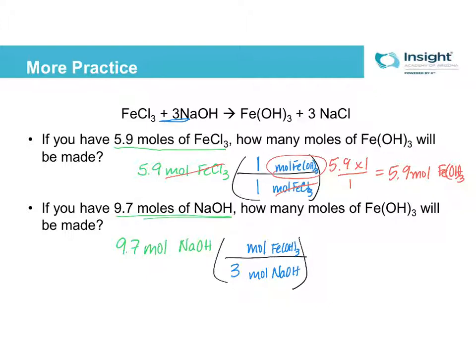In front of FeOH3, there's nothing, so I'm going to put a 1. That cancels those two. So I'm going to have 9.7 times 1 divided by 3, which is 3.23 moles of FeOH3. So again, if this is not making sense, you need to talk to me, because this is the key to getting through a good chunk of the Unit 6 test.